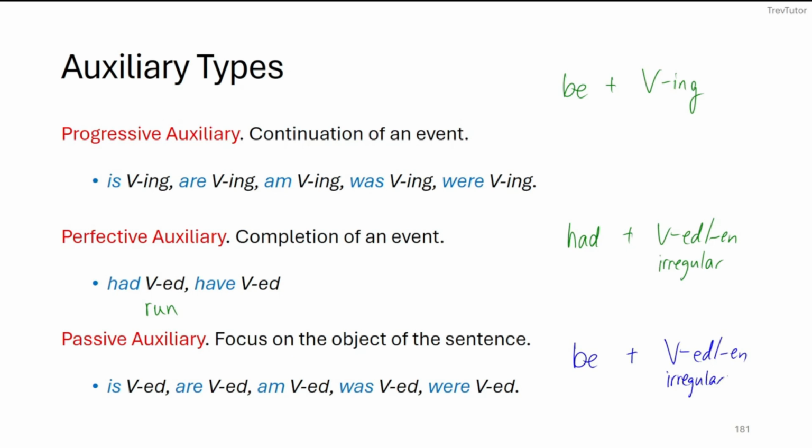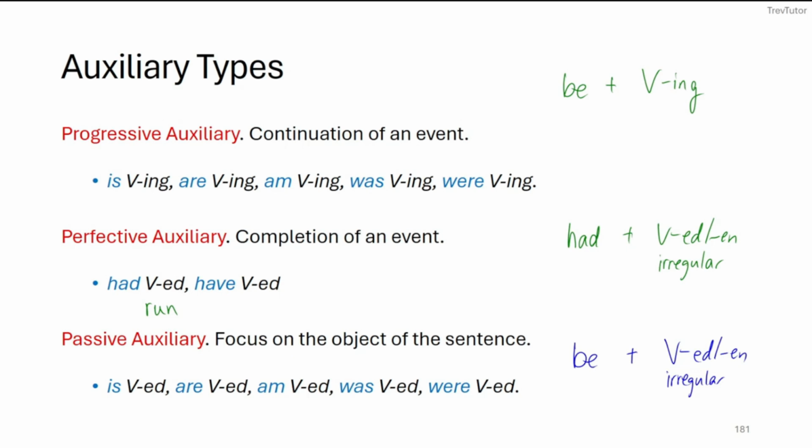So in the case of was eaten, are slept, that doesn't make any sense, are investigated, and so many other examples. But if we have an auxiliary be, and we have that ed-en participle or irregular form after it, then we're looking at a passive.